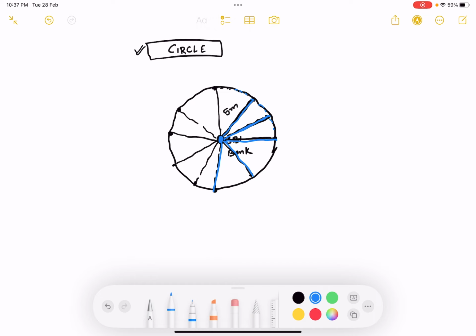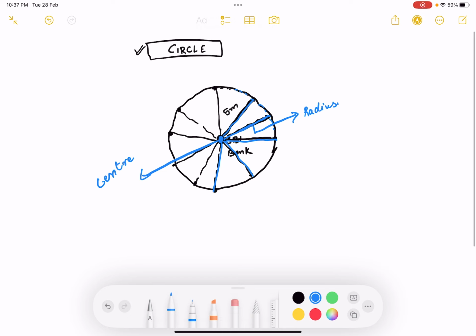This is the fixed point and this is the constant distance. This constant distance is called the radius, and this fixed point is called the center of the circle.